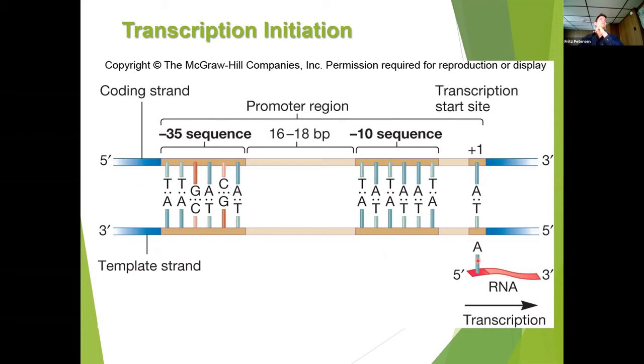Again, as a reminder, this sequence is important because it tells the polymerase where to sit down on the DNA and where to begin transcribing. Here you can see the transcription start site is over here, and that's the direction we're going to move in this example.